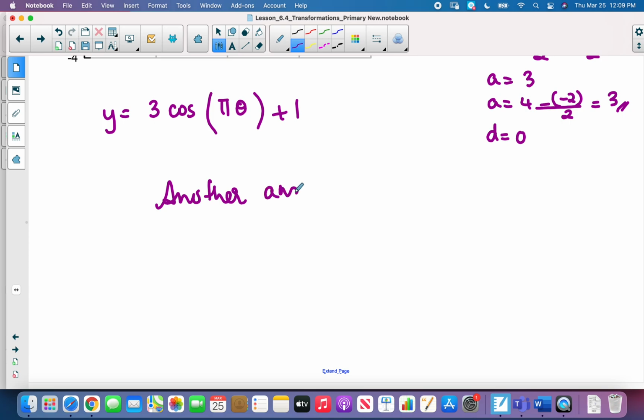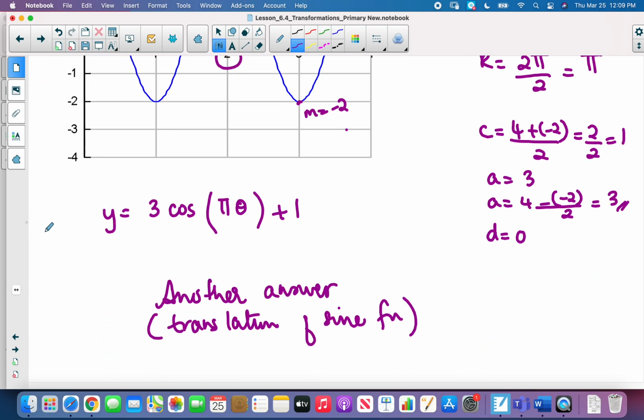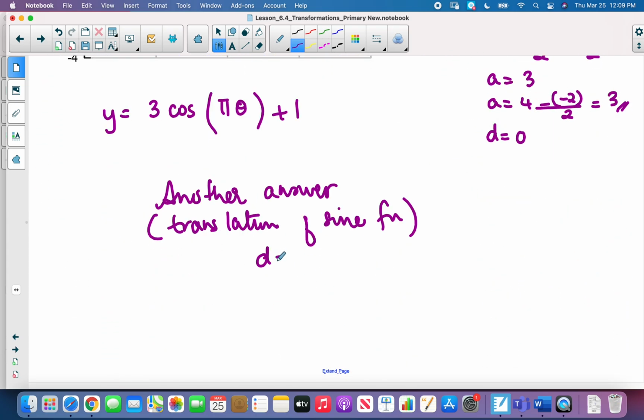Another answer could be like a translation of sine. So we would say then that it has shifted 0.5 units to the left. So they'll have a D value of 0.5.